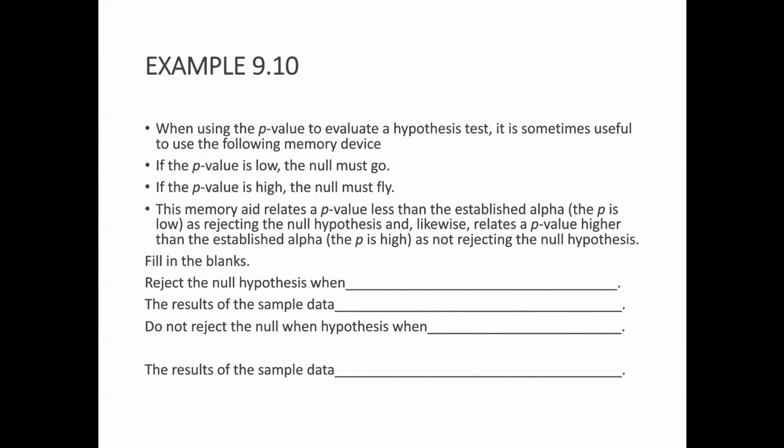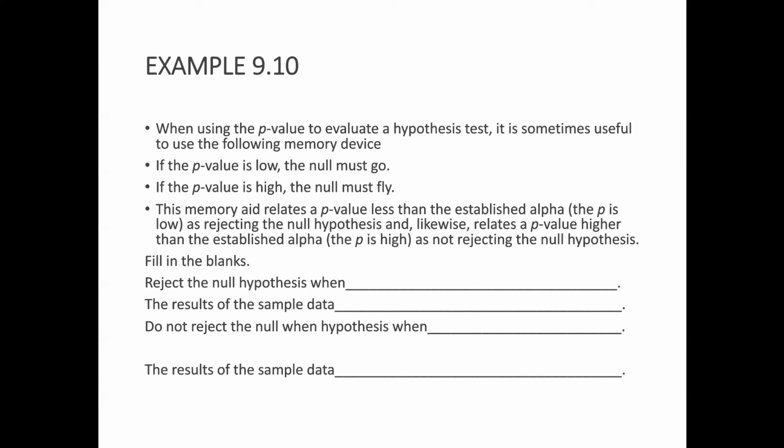Okay, so let's look at this example. When using the p-value to evaluate a hypothesis test, it is sometimes useful to use the following memory device. I use this all the time. As a matter of fact, when I was standing up there a second ago, comparing the p-value to alpha, I was saying, if the p is low, the null must go.